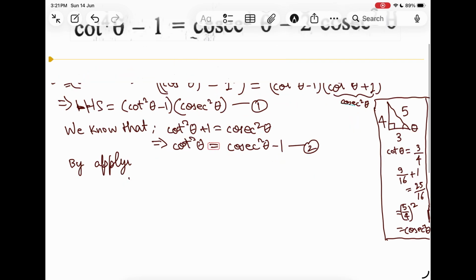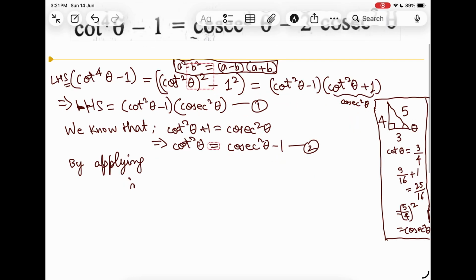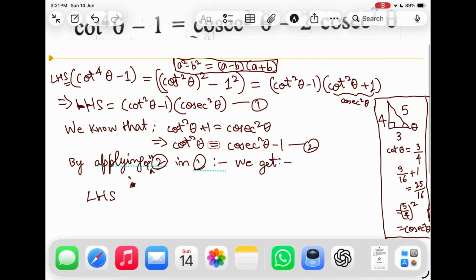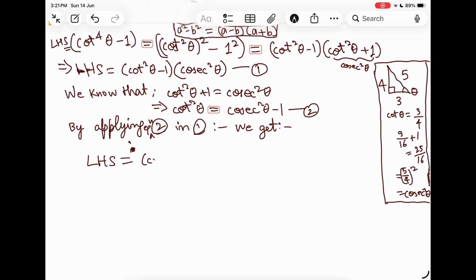Now by applying equation 2 in equation 1, we get LHS equals cosec square theta minus 1. That is, we are replacing cot square theta by cosec square theta minus 1, and then there is the extra minus 1 that we write here. All right, and then we keep the cosec square theta as it is.